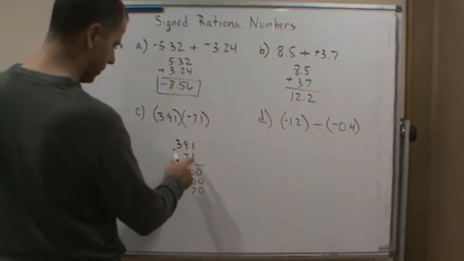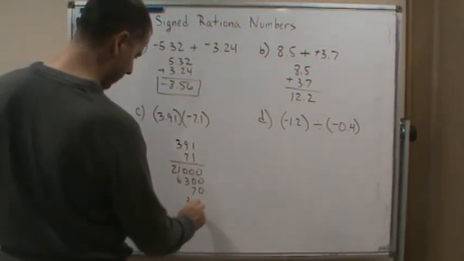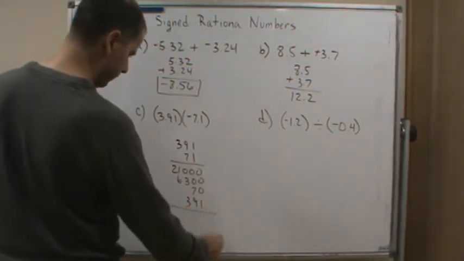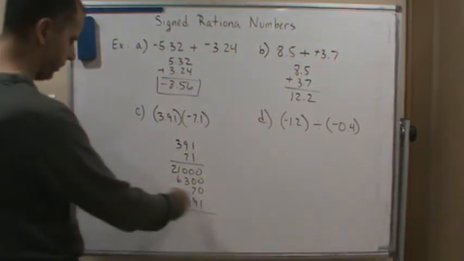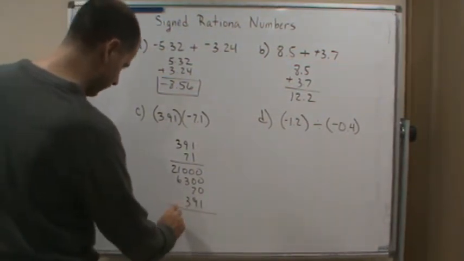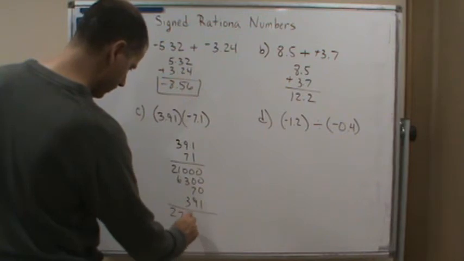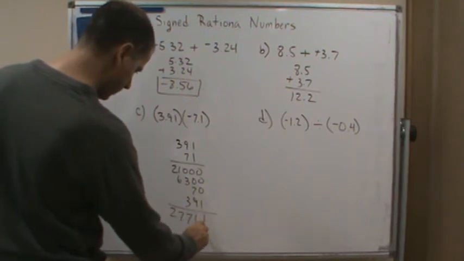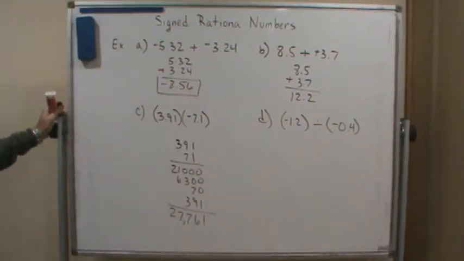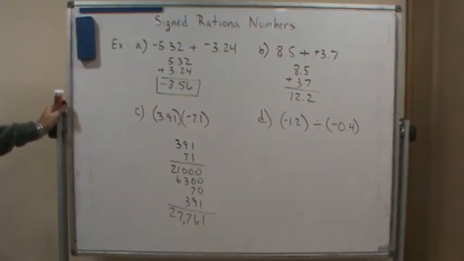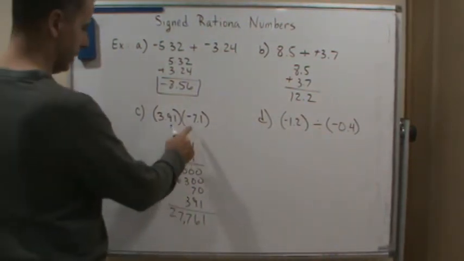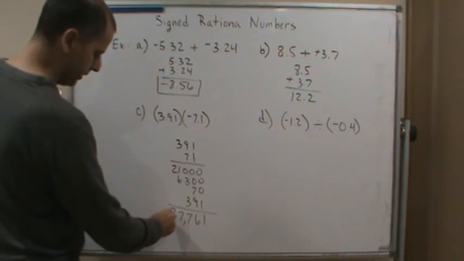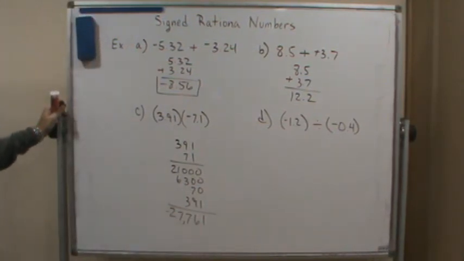And then we've got 1 times that, which is 391. And then if we add them, we get 27,761. Now, since they're opposite signs, the answer is negative.